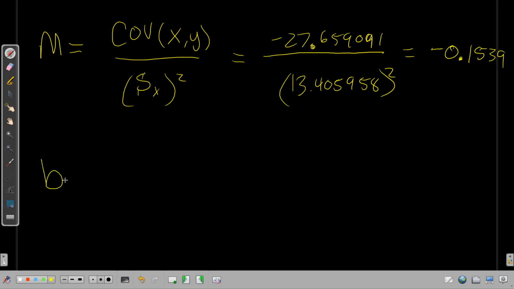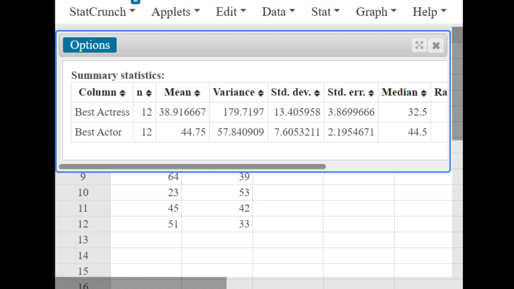And for me to compute my y-intercept, I would need to know x bar and y bar. Okay, so come back over here. X bar is this and y bar is here.